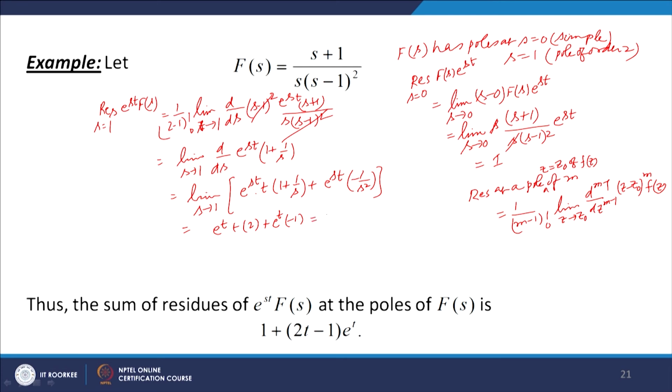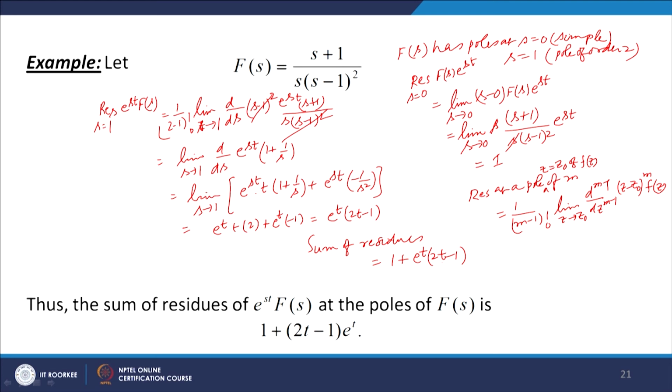So, we get e to the power t into (2t minus 1), and therefore, the sum of residues is 1 plus e to the power t times (2t minus 1).